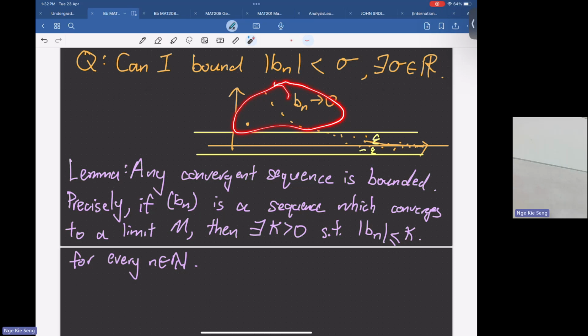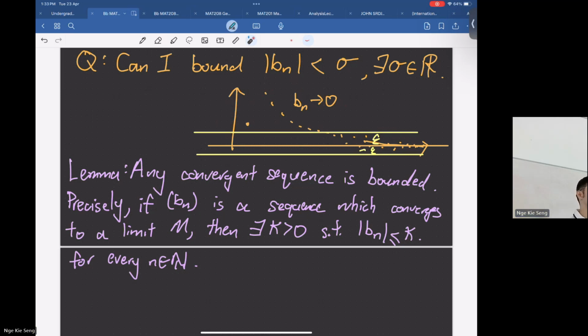Any question? Are you understanding what I am talking about? If not, please ask. This concept is very important, because this is about the tail of a convergent sequence. The tail of a convergent sequence is always epsilon close to your limit. Outside epsilon, there are only finitely many of them.